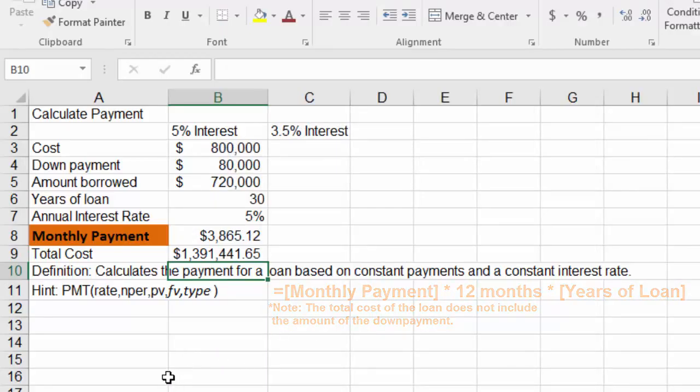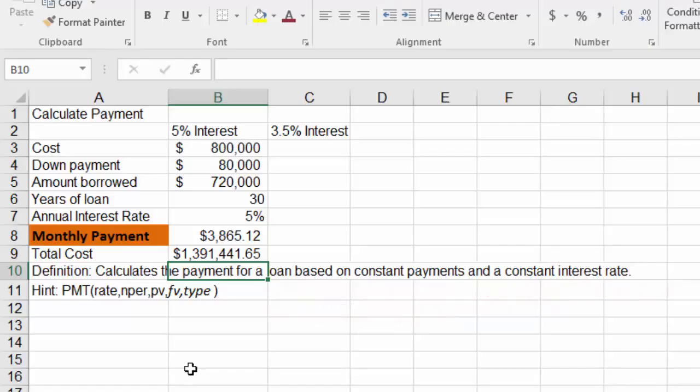So that $720,000 loan is now costing me $1,391,441.65. That might be too much for me.